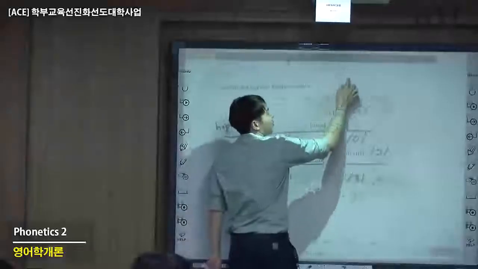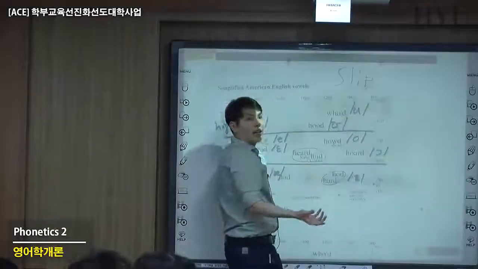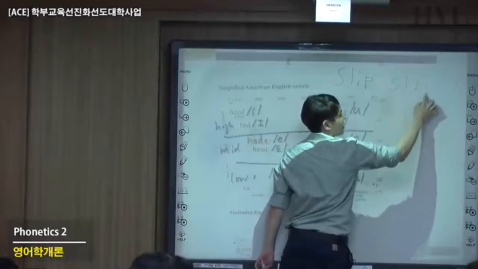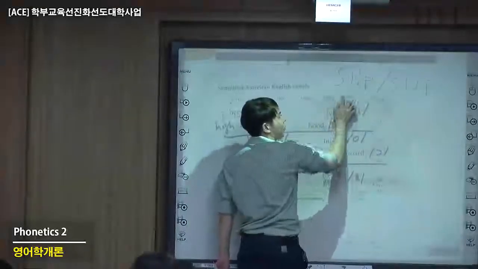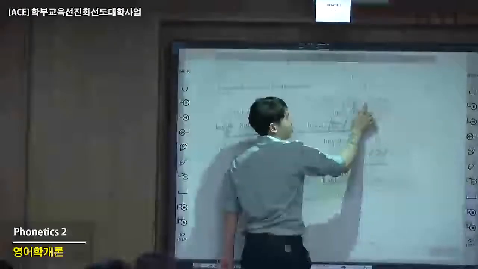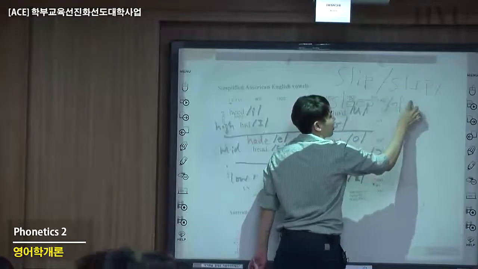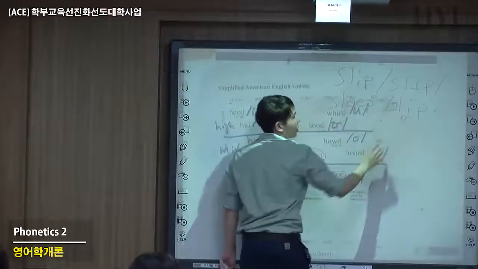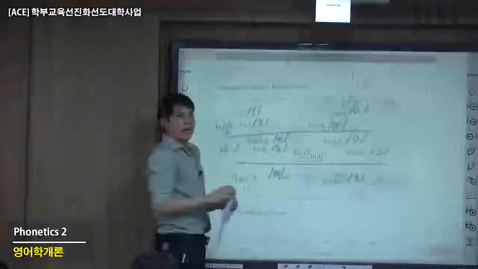So slip, the word slip, which means it's slippery, like that, right? It slips off. So that one in our system would be just short I, which is the capital I. But sleep, which means to lie down, right? So it would be sleep with this, right? With the lowercase I, right?